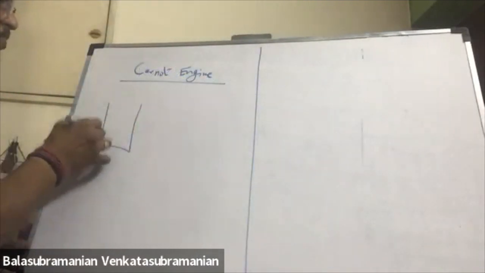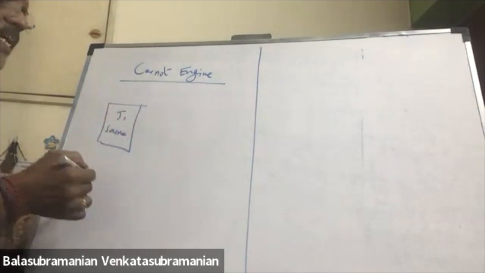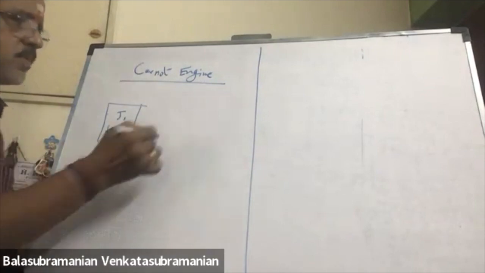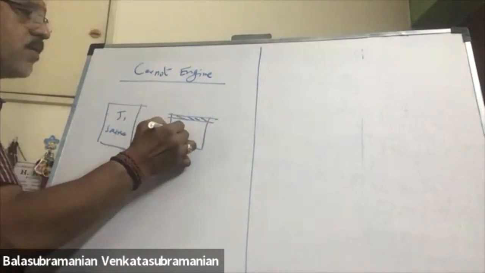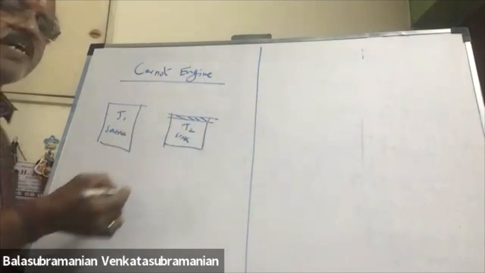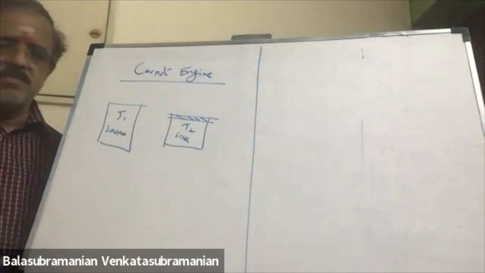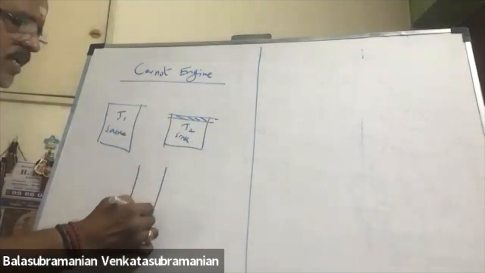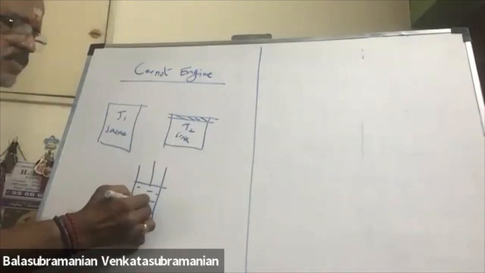You have a source giving very high temperature, and you have a sink at very low temperature, and you have a working substance, a frictionless piston with a gas.